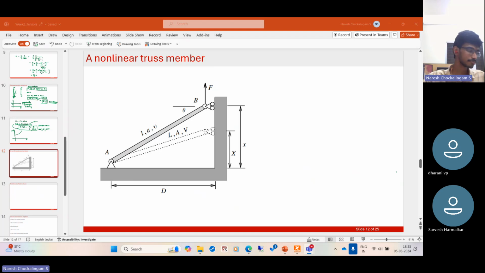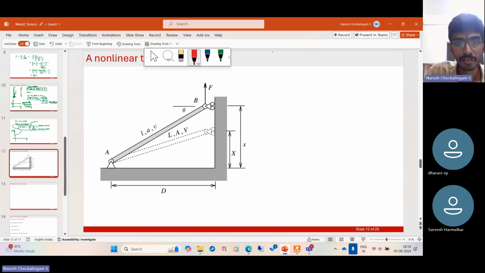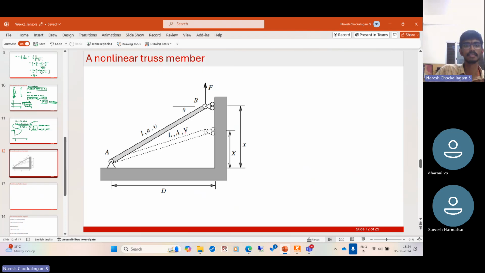Okay, now let us go to this little bit more involved problem. This is what we started off last time. Here we have a nonlinear truss member.